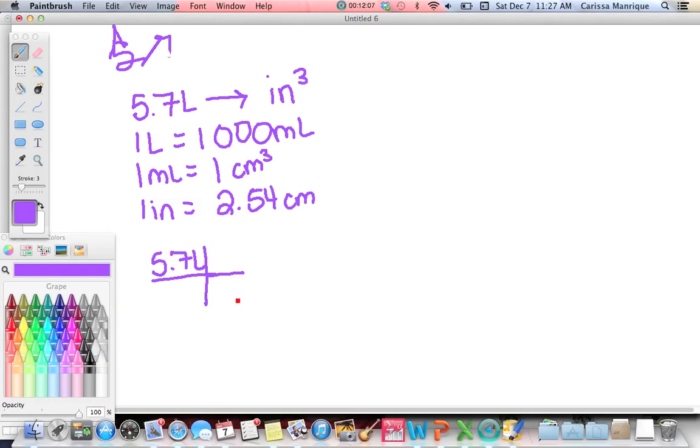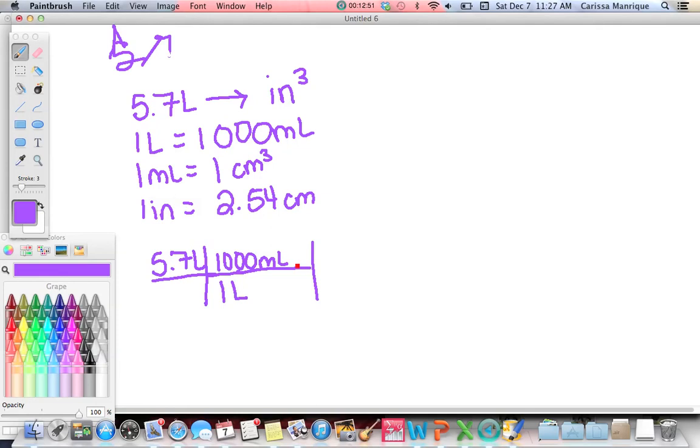So we find our unit that has a liter in it, and that's this top one right here: 1 liter equals 1,000 milliliters. I know to put liters down here because I want to cancel it out. The only unit I have written here that does that is 1 liter is 1,000 milliliters. But that's not the final unit I want. I don't want it in milliliters, so I need to go further.